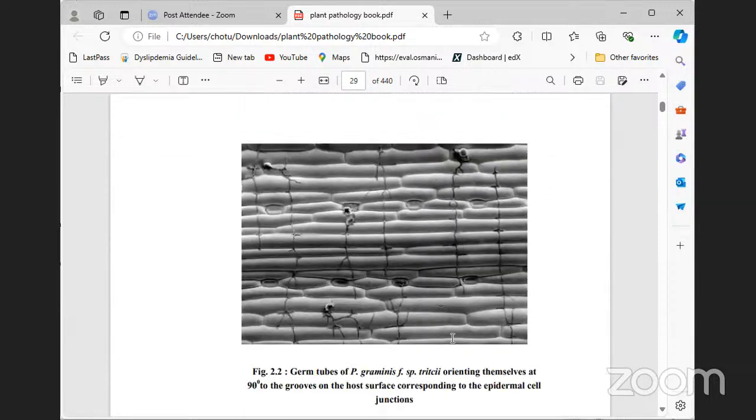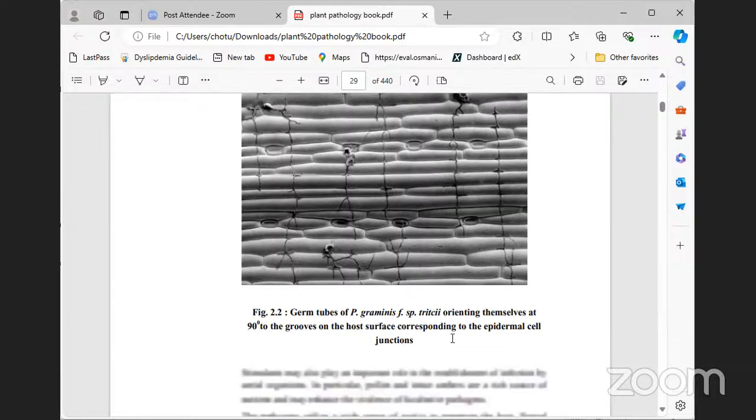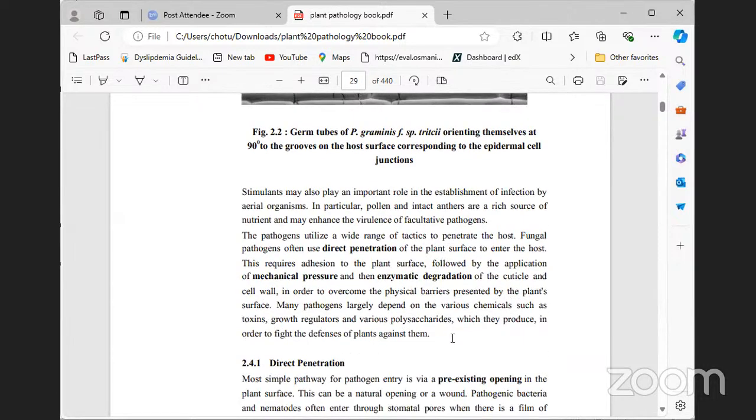You can observe this one: Puccinia graminis tritici, the wheat disease, orienting themselves at 90 degrees to the groove on the host surface, corresponding to the epidermal cell junctions. These stimuli may also play an important role in the establishment of infection by aerial organisms.